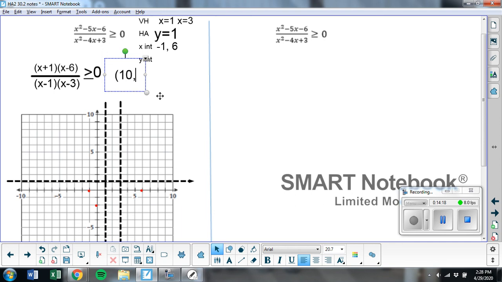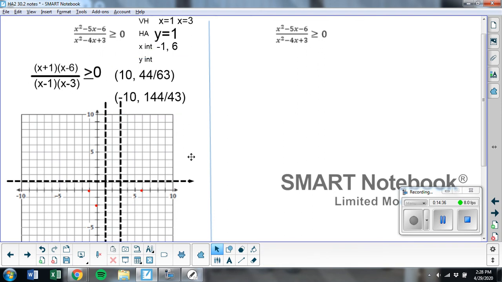And when you plug in 10, you're going to get 44 over 63. And then plug in -10.